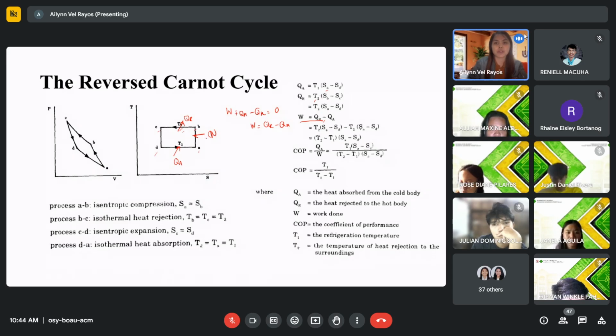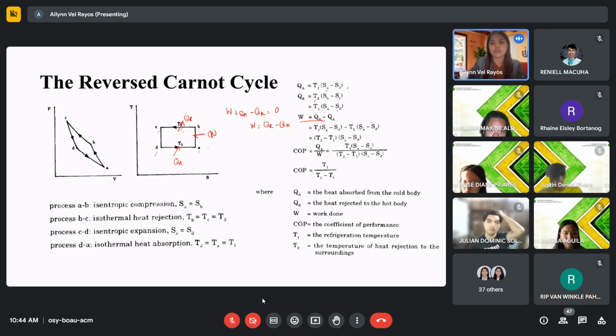Since SB is equal to SA and SC is equal to SD, we get a common factor. So T2 multiplied by SA minus SD is equivalent to our heat removed. So our work is equivalent to QR minus QA, which we got earlier.